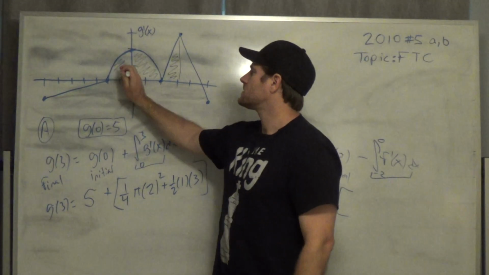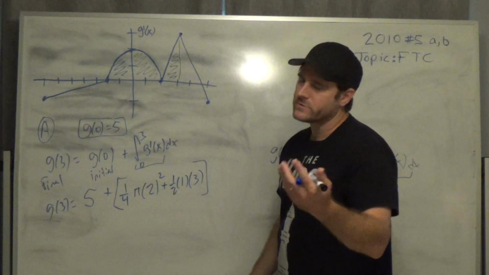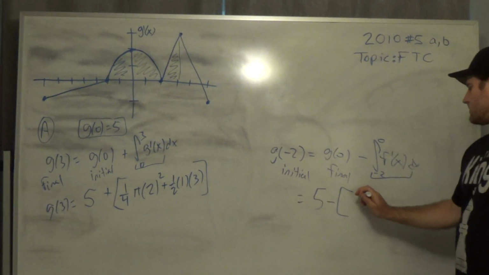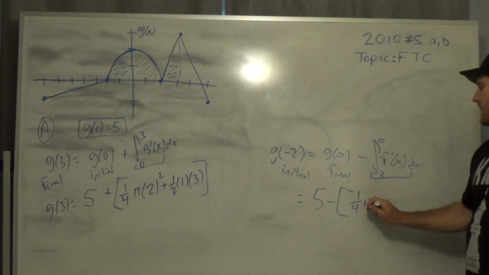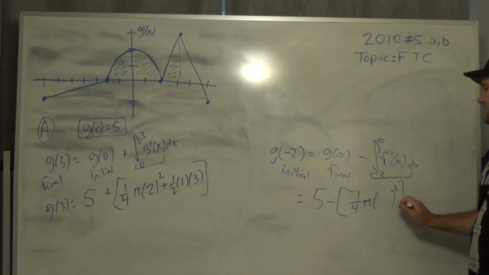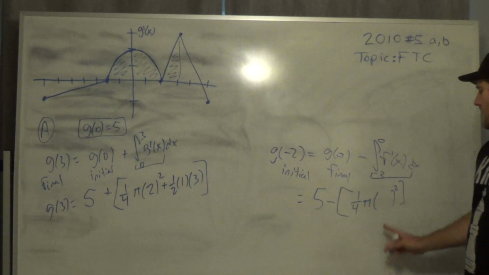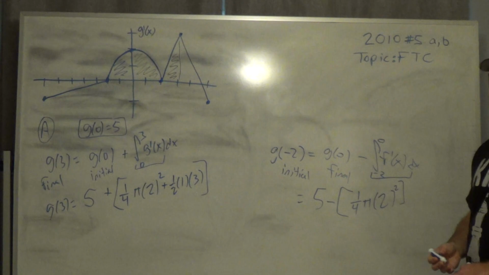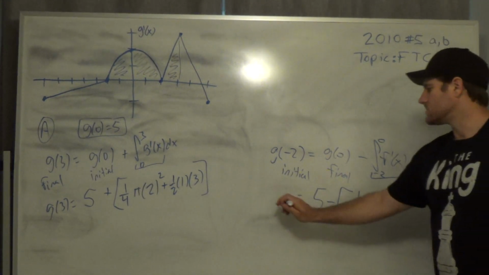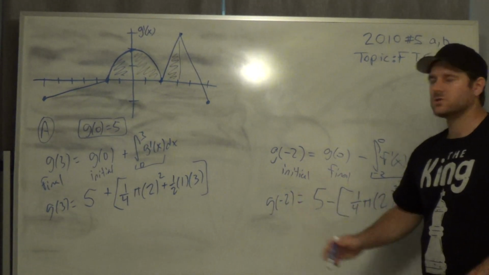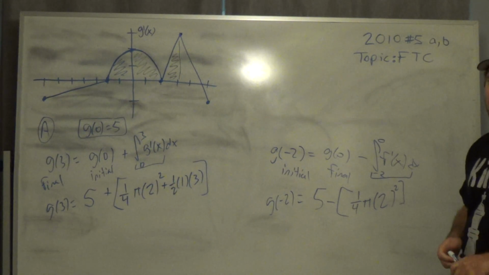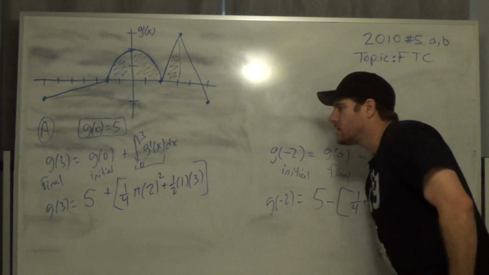That's just this quarter of a circle. So it's 1/4 pi r squared. I guess I didn't need brackets or parentheses. And the radius is simply 2. Done. So this is g of negative 2. Could you simplify it? Sure. Are we going to simplify it? Nope. All right. That's part A.